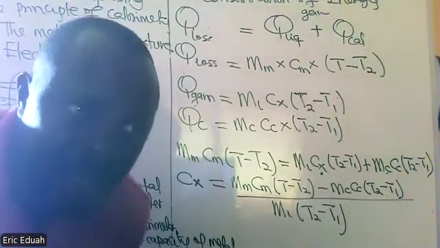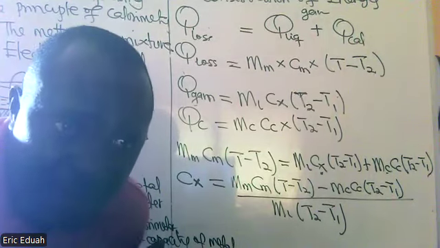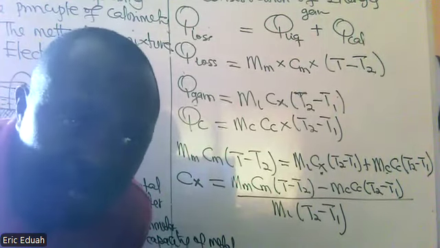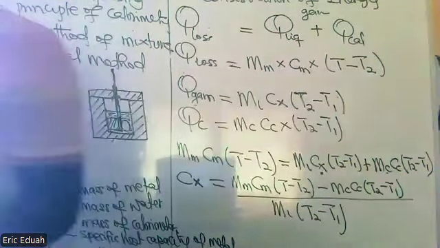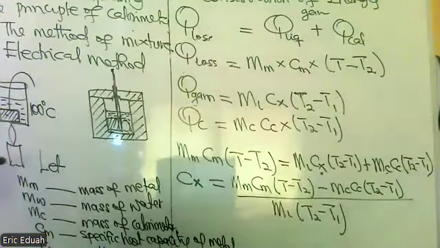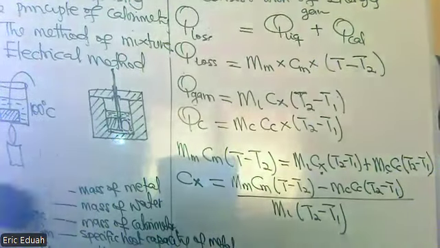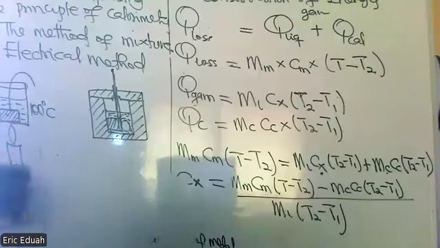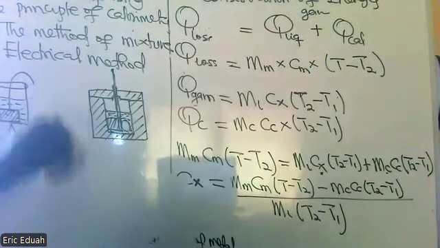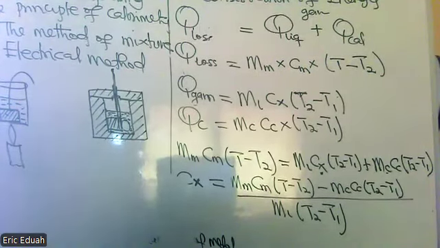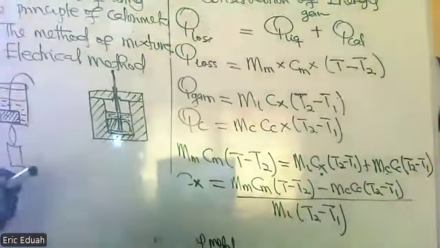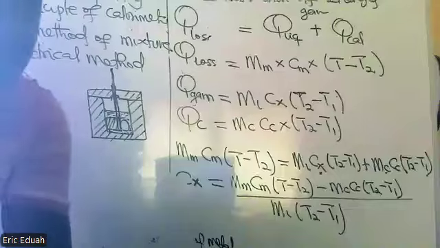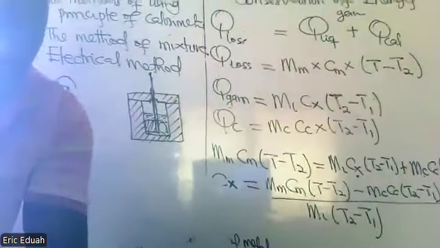In that case, we can use the principle of calorimetry to determine it. And this is how we do it. Let's assume this diagram is the very hot source.